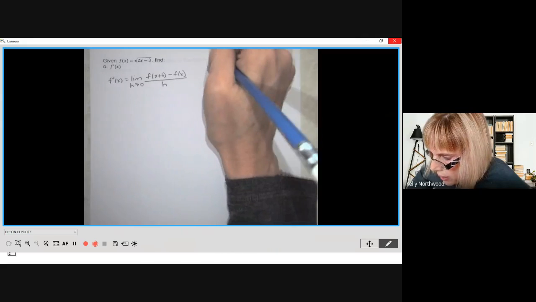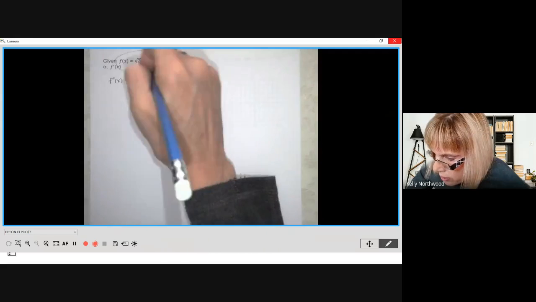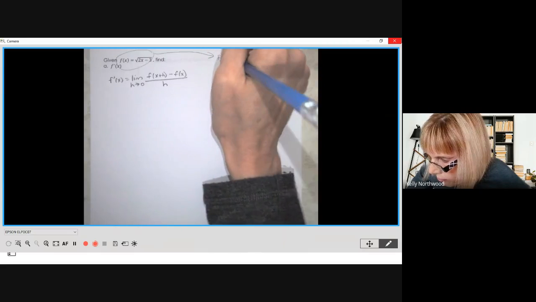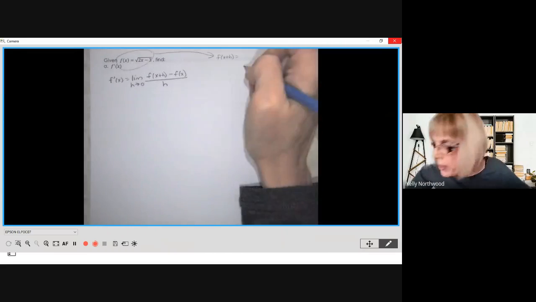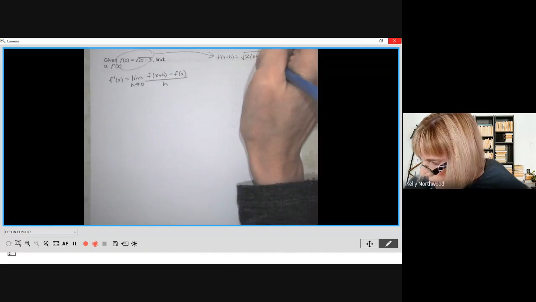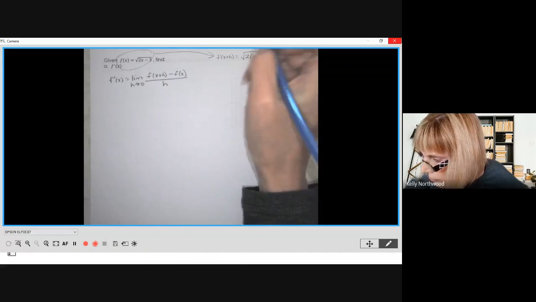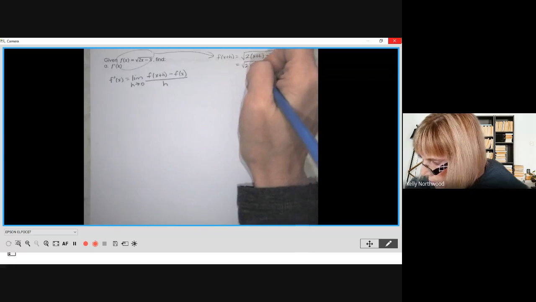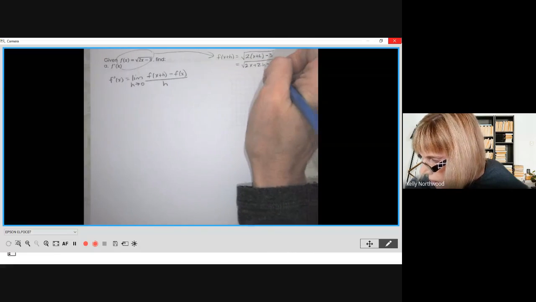So f(x plus h), using this, is going to be the square root of 2 times (x plus h) minus 3, which is the square root of 2x plus 2h minus 3.